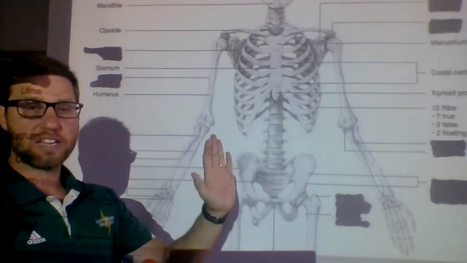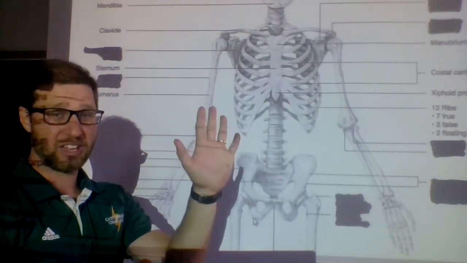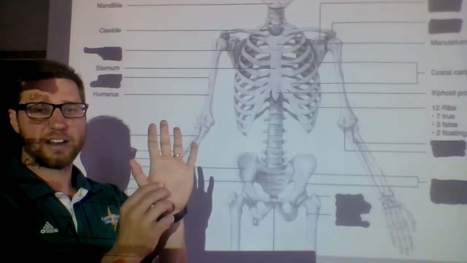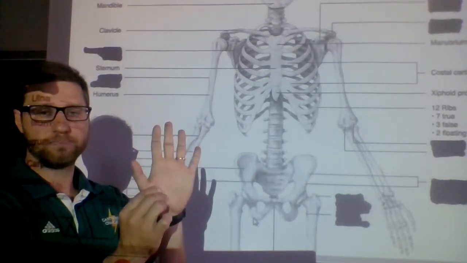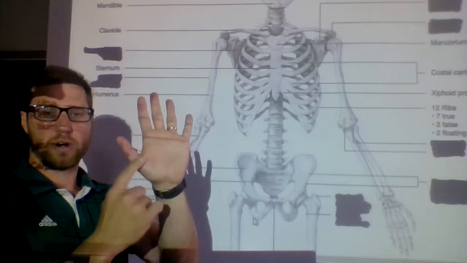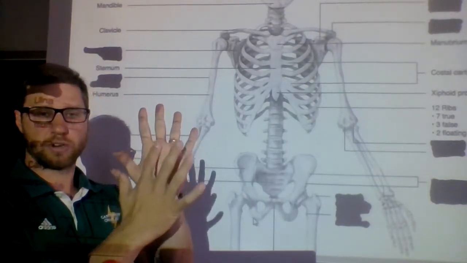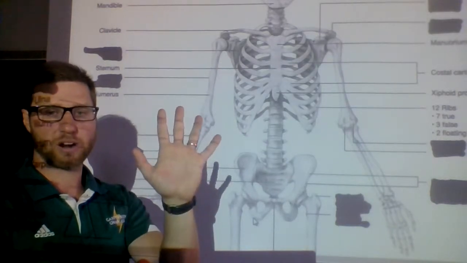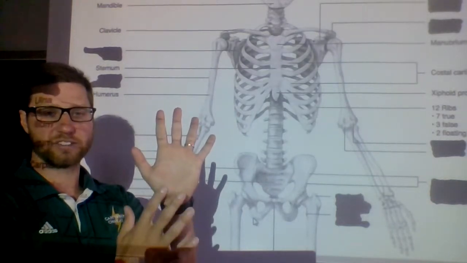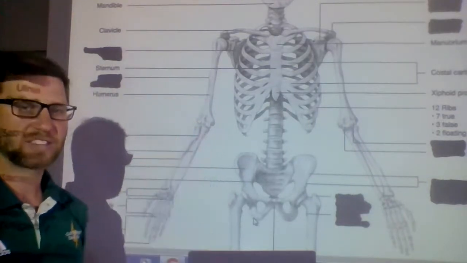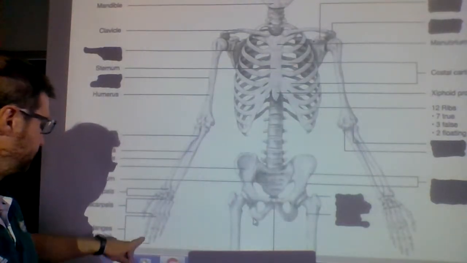It's pretty easy to remember if you remember this one thing, because it follows through with your phalanges as well: 1 is thumb. So number 1 metacarpal, number 2, number 3, number 4, and number 5. We'll look at that in more detail when we look at the hand.